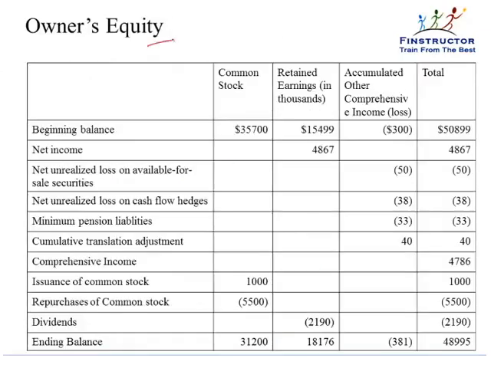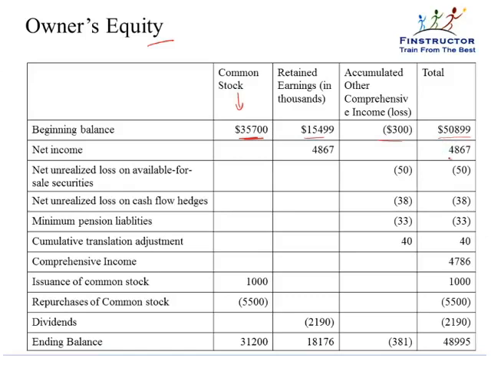So just a small example depicting the changes in owner's equity. The company began with an original contributed capital or common stock of $35,700, beginning retained earnings of $15,500 approximately, and accumulated other comprehensive income from past activities of minus $300, giving a total shareholders equity of $50,900 approximately.